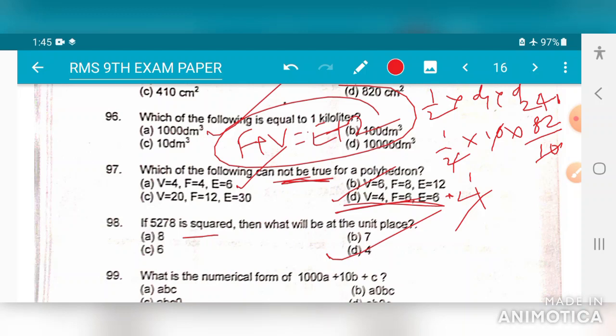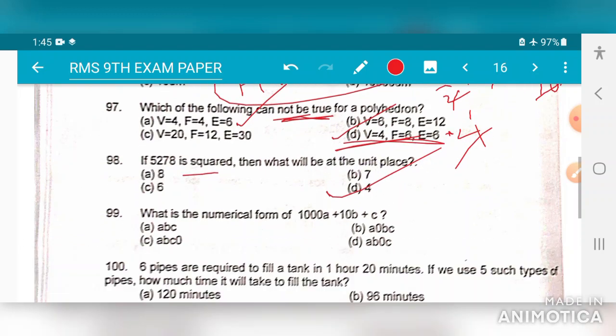It's very easy. Okay. Next, what is the numerical form of this one? See, 1000 into a means a is in the thousand place, and the hundred place is 0.